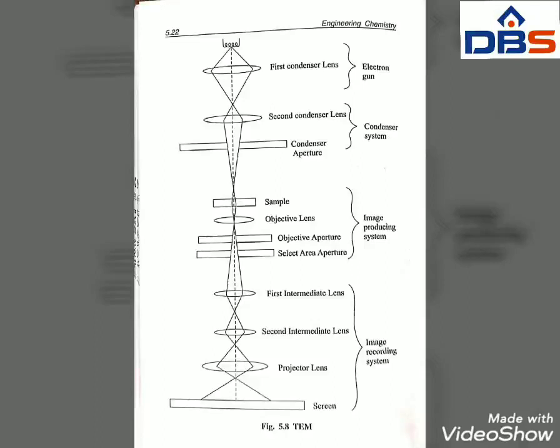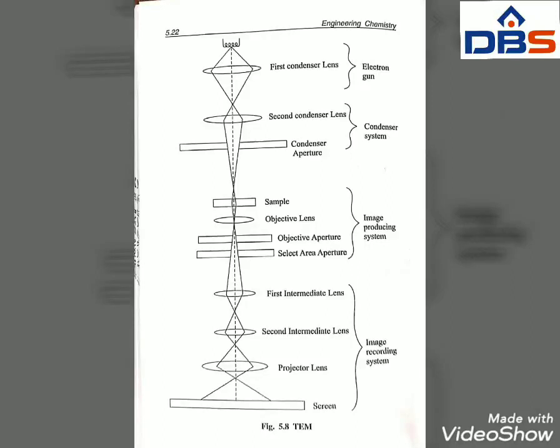The image is formed from the interaction of the electrons with the sample as the beam is transmitted through the specimen. The image is then magnified and focused onto an imaging device.